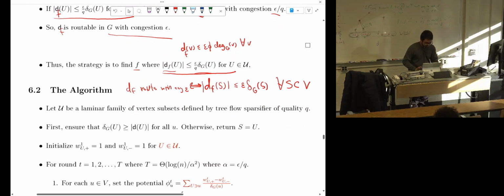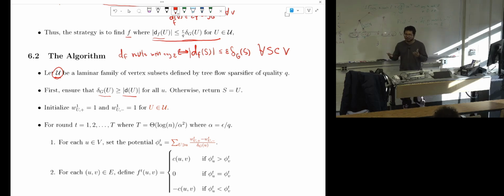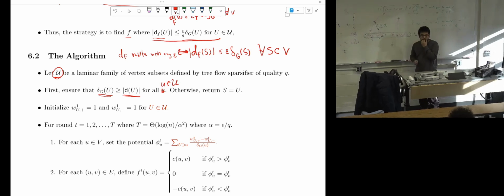So the problem is just here. The algorithm now is just here. Almost the same. You have this family U from the 3-flow specifier. Then the first step, you just do a sanity check that for every cut in your family, the cut size is bigger than the total demand inside it.